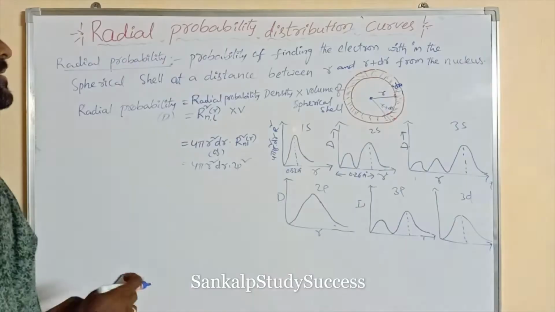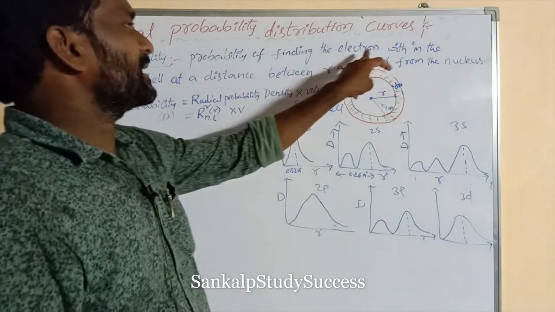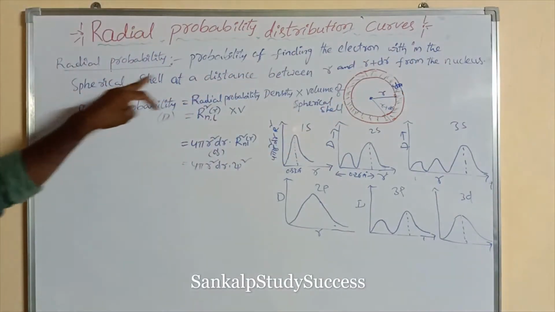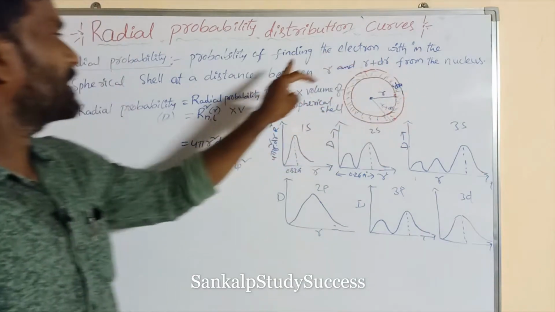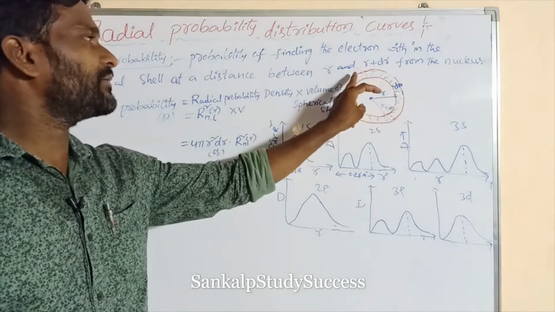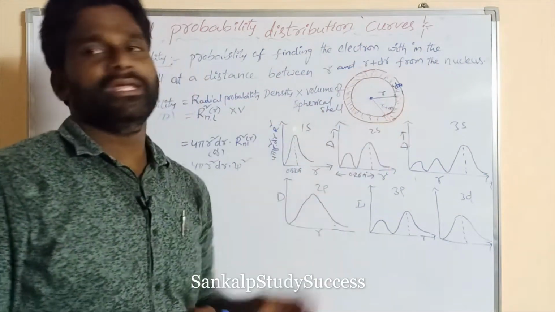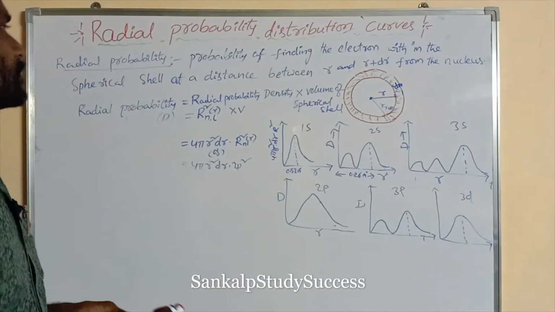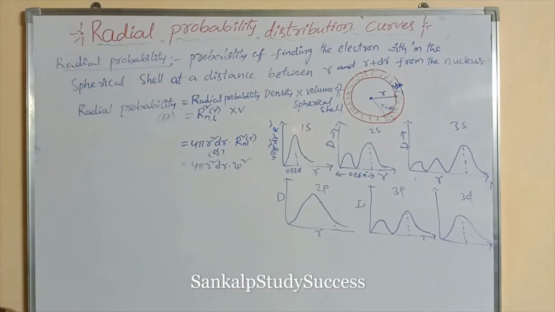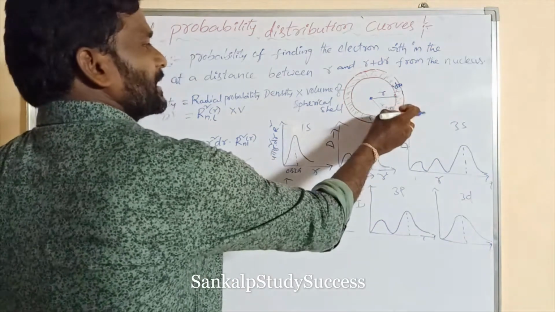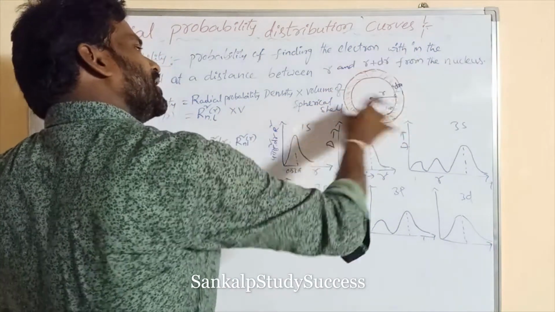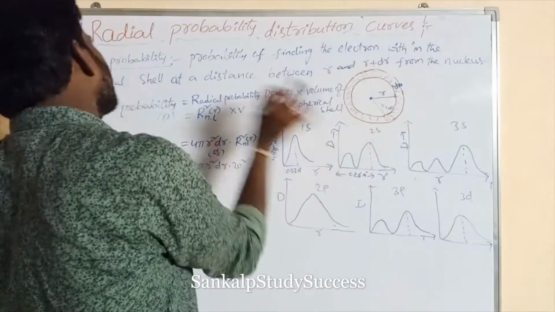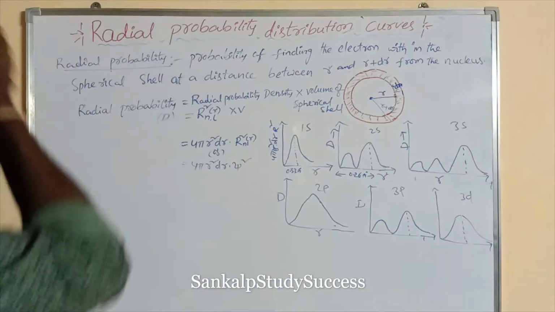So the probability of finding the electron within the spherical shell between r and r plus dr from the nucleus is known as radial probability. That means the probability of finding the electron in the small spherical volume is simply the radial probability.